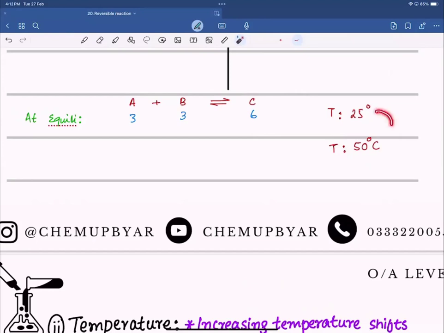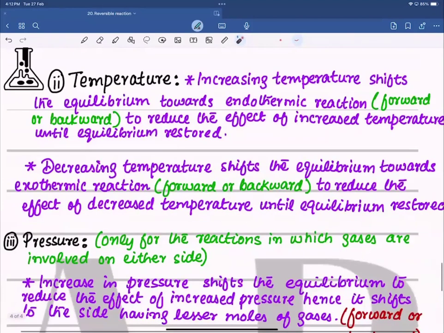So there is an excess energy because the energy must be 25 only. So equilibrium shifts in a direction in which energy is absorbed, and the reaction where the energy is absorbed is called endothermic reaction. So this is the rule: when we increase the temperature, equilibrium shifts towards the endothermic reaction.